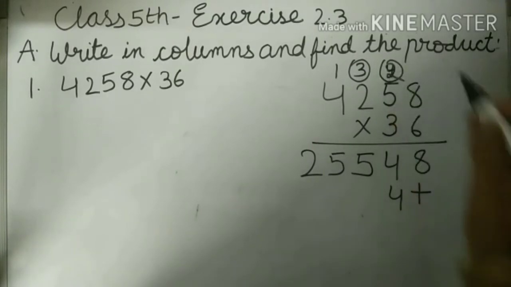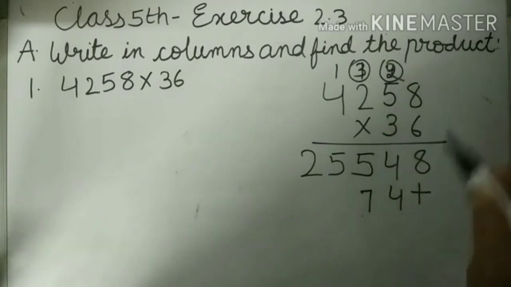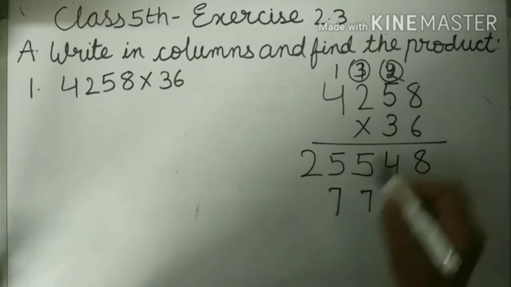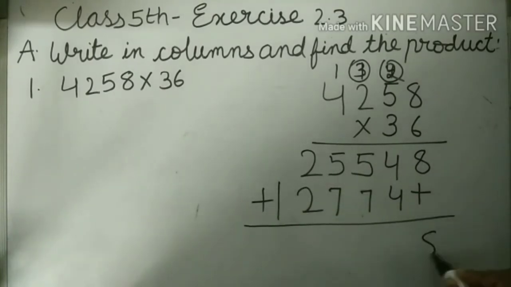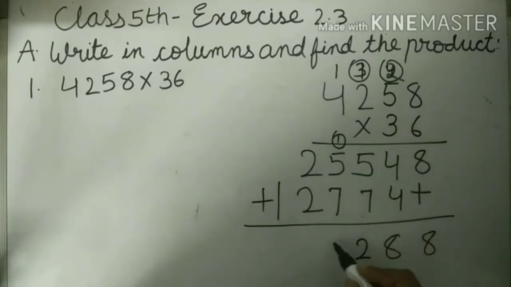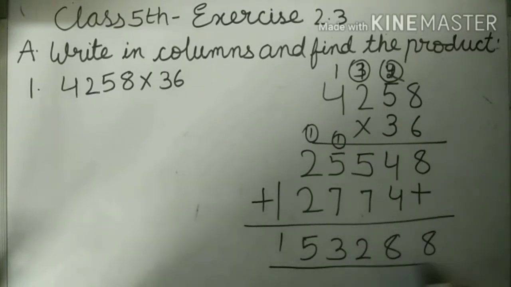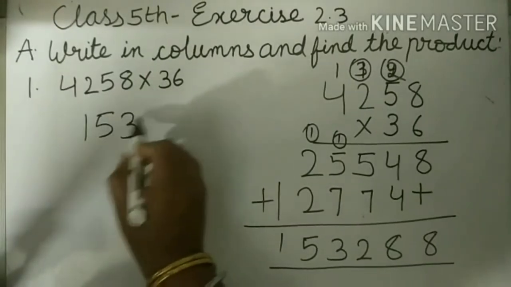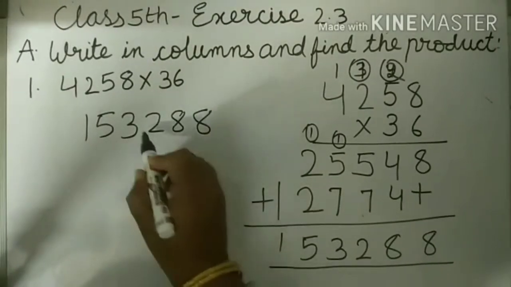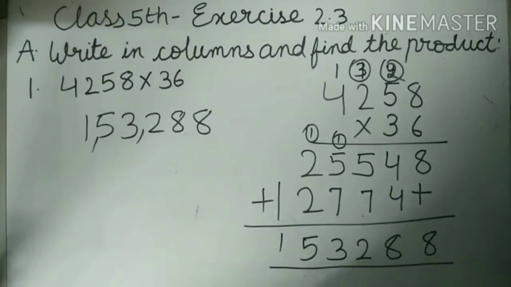The next carry is 2, then 15 and 2, 17, 1, and then 6 and 1, 7, 12. Now we add these numbers 8, 8, 12, 13, 5, and 1. So the final answer is 153288, means 1,53,288.